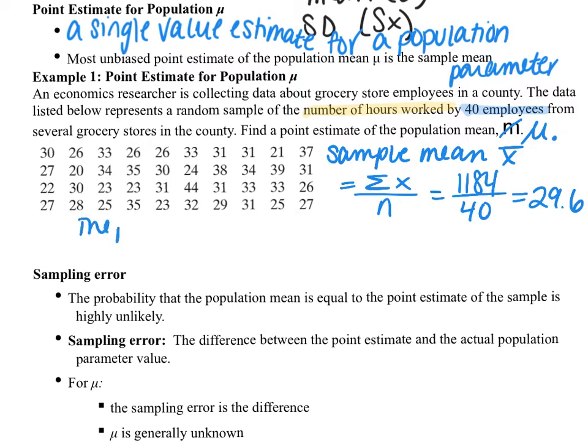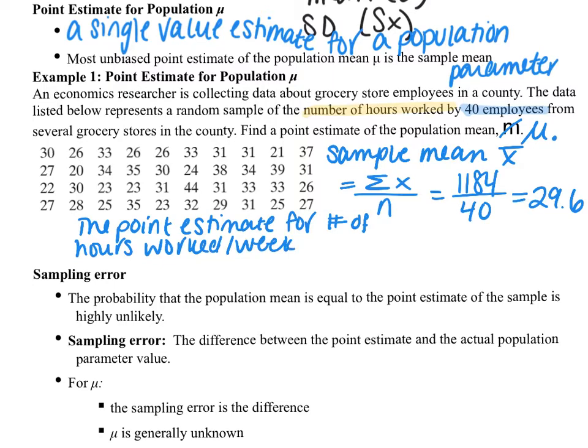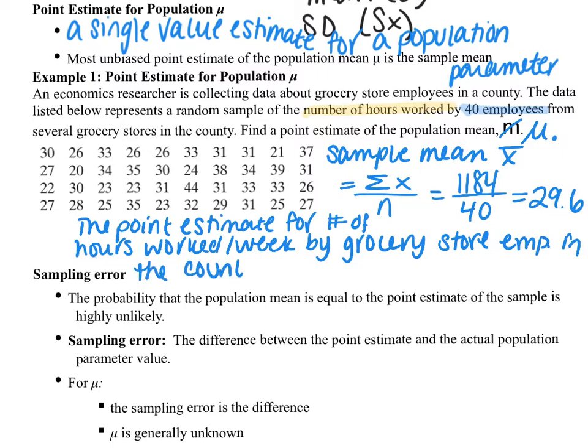Okay, so the point estimate for number of hours worked per week by grocery store employees in the county is 29.6 hours. Okay, so essentially what we did is we're generalizing pretty much here.